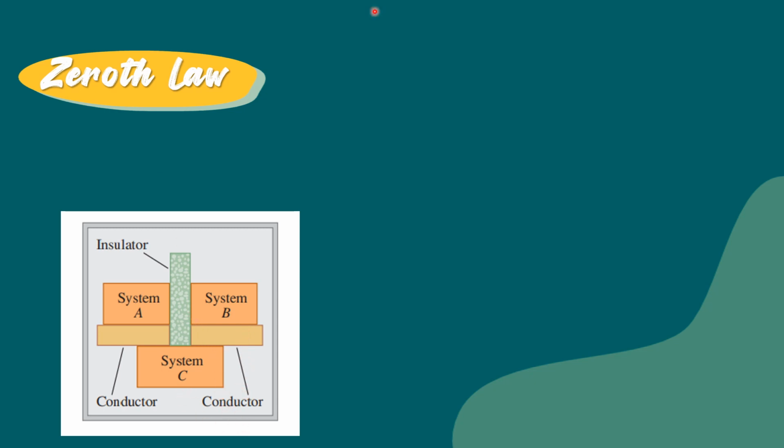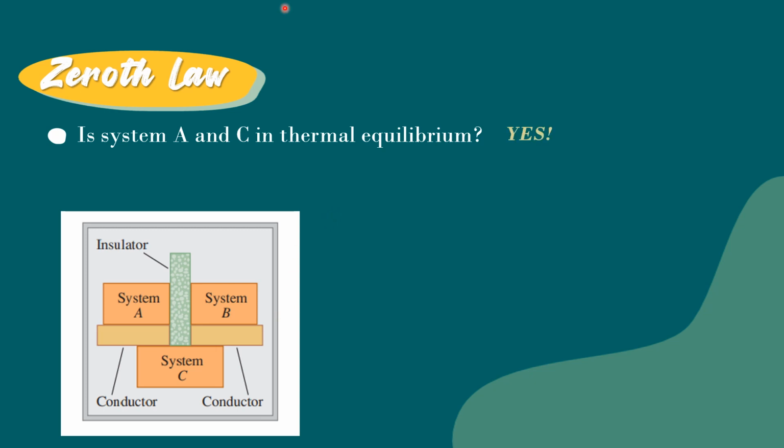Now, here are my questions. Are systems A and C in thermal equilibrium? Do you think they have the same temperature? The answer is yes, because system C is in contact, or not necessarily in contact, but there is a conductor between them, allowing heat to still be transferred from C to A. And so there is a chance that A and C will be in thermal equilibrium.